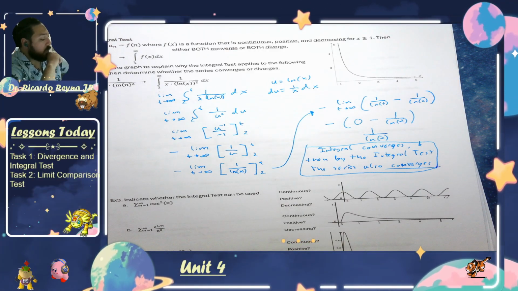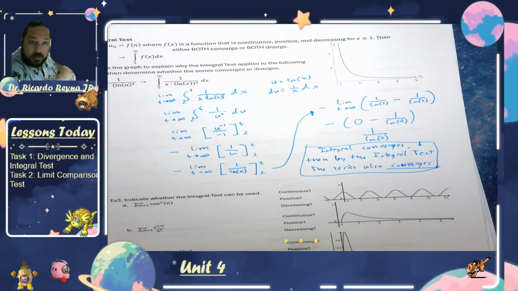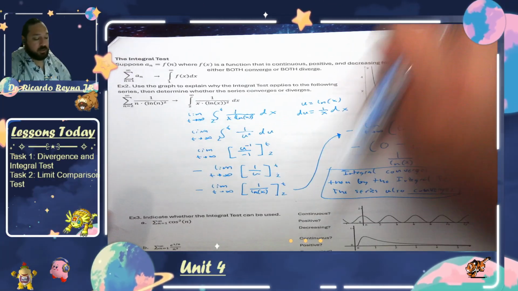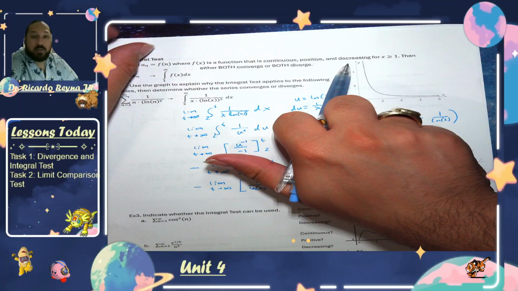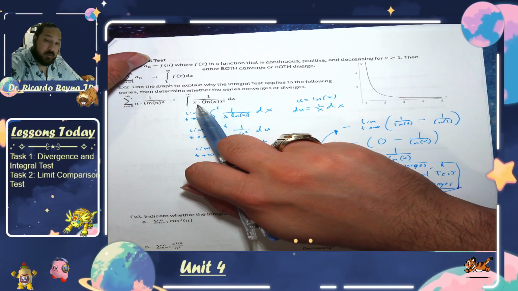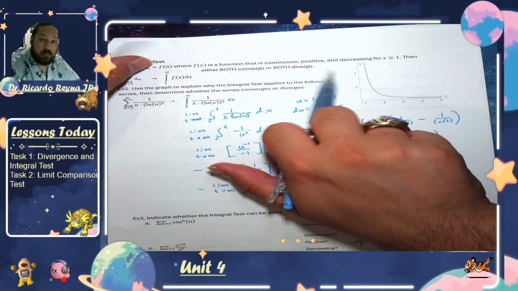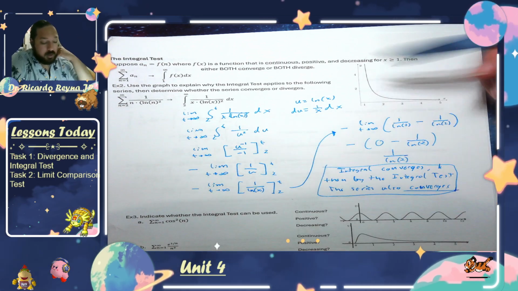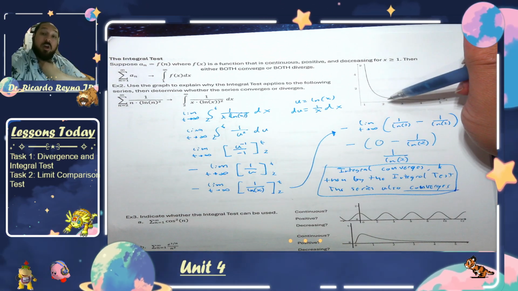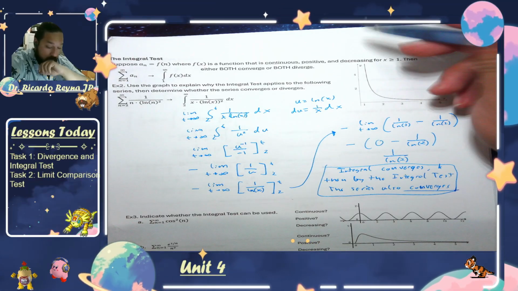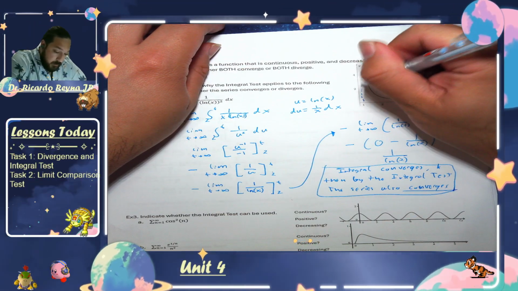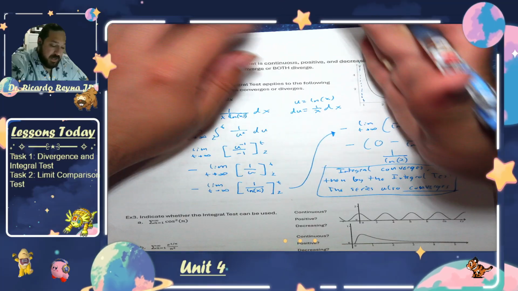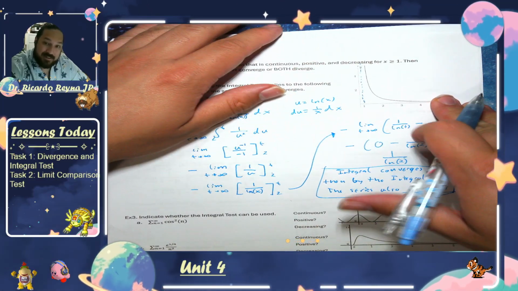Now, keep in mind there is something I purposefully glossed over. I glossed over the fact that this function has to be continuous, positive, and decreasing, for all x greater than or equal to 1. But you see here in the drawn graph, if you do just a little dotted line at x equal to 1, you see that it is making this decline.